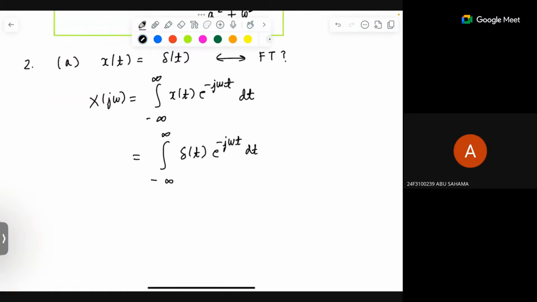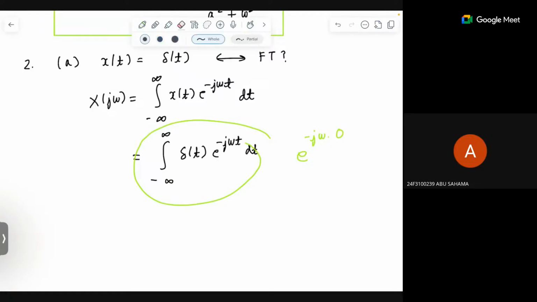By the property of impulse, we know that this whole integral will be equal to e raised to the power of minus j omega into 0, t equal to 0. So that will give me 1. E raised to the power of 0 is 1. So we get 1. Is this clear, class?